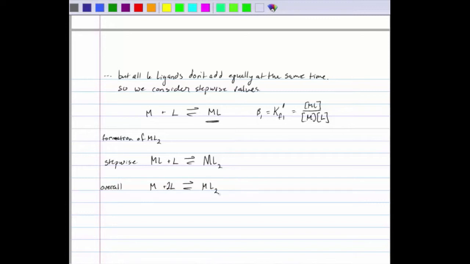Okay, so the first one I drew is a stepwise. The second one is the overall. The overall is defined as beta. So this would be beta 2, and it's equal to ML2 over M and then L squared.